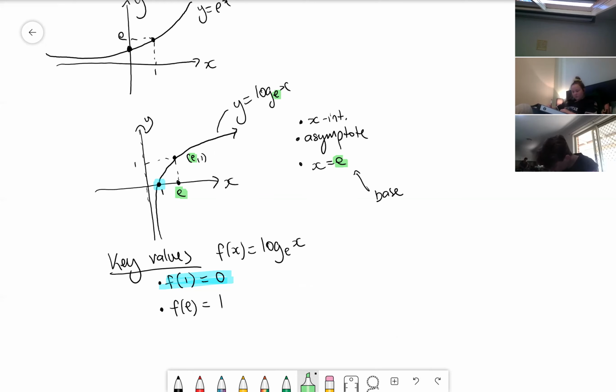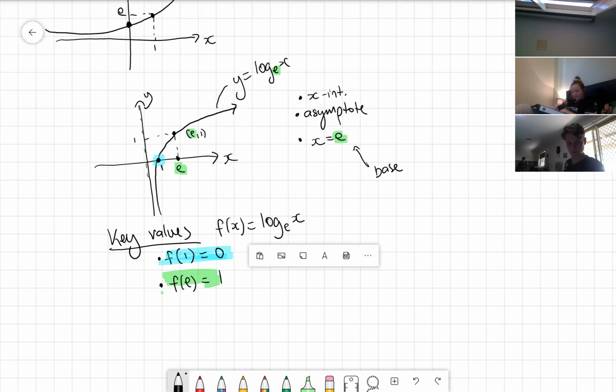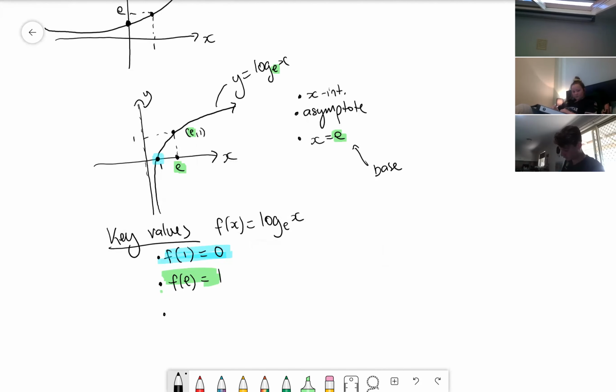Which is what we've already talked about. You can also do another one if you really want, which is f of 1 on e is equal to -1. So that's saying that there's some x value here, which is 1 over e, and that'll equal -1.